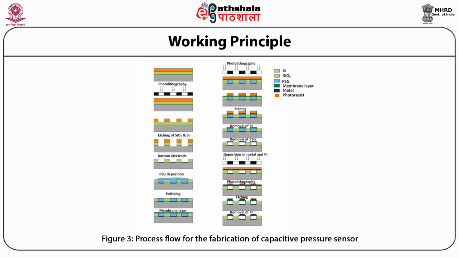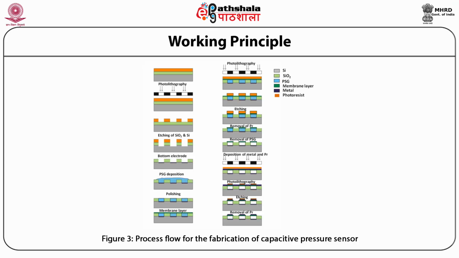Now moving towards the right hand side of the diagram, you can see the second part, or the upper part, of the capacitive pressure sensor. In this case also the same procedure has been followed.